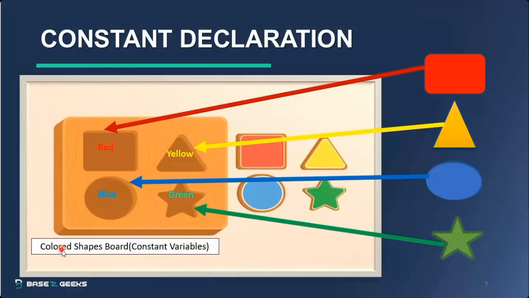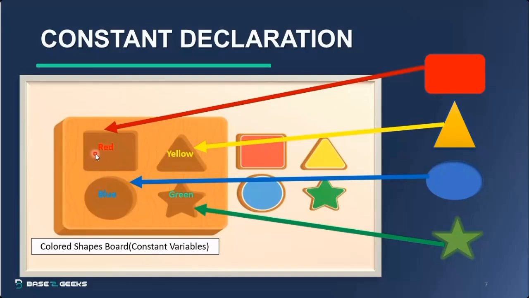See, the colored shapes board, that is red color, yellow color shape, blue, green, all are called constant variables. Okay, so in the last slide, that is in the last image, I told we didn't mention any shape color. It is a common one, isn't it?